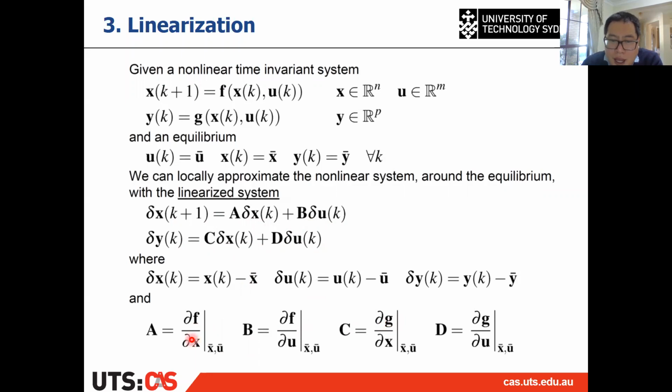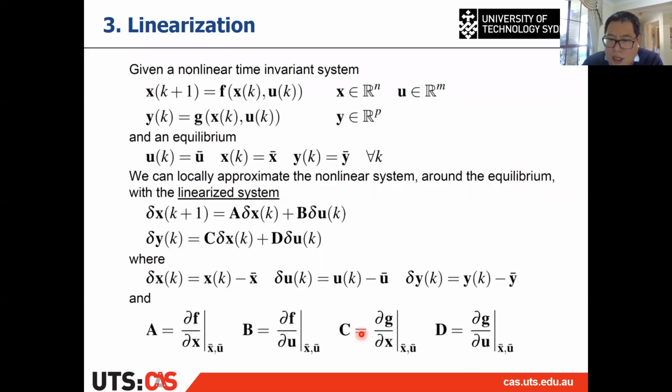A is the partial derivative of the nonlinear function f with respect to the state x, evaluated at the equilibrium point. Matrix B is the partial derivative of f with respect to u, also evaluated at the equilibrium point x bar and u bar.